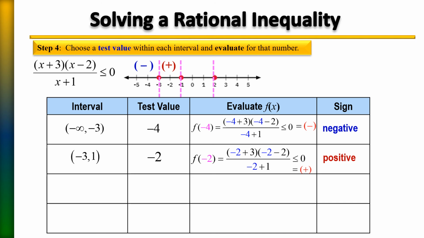So next we're going to go to our third region, and look, we have 0 in that third region, so let's go ahead and plug in that 0 because we know it is always so easy to determine your solutions when things are zeroed out. So on top we have a positive times a negative, that equals a negative on top.